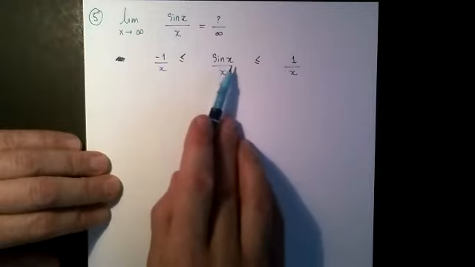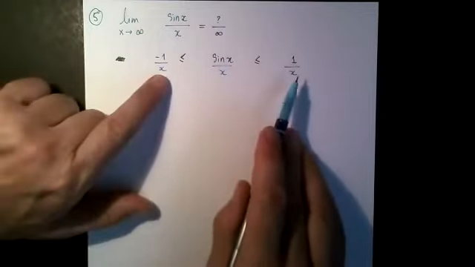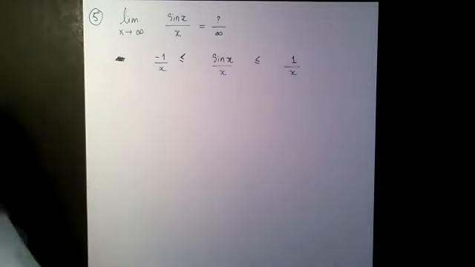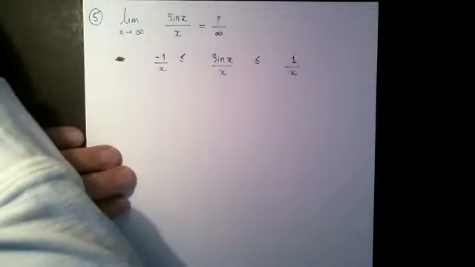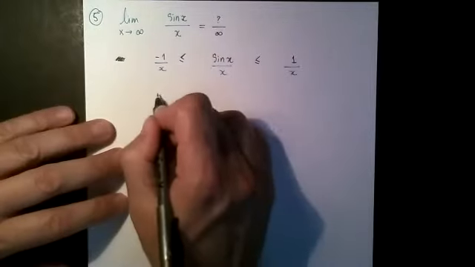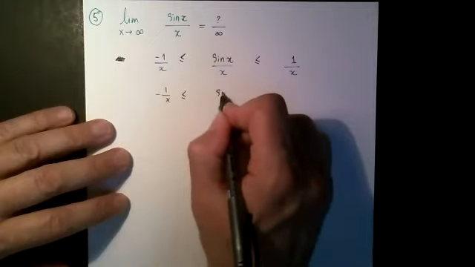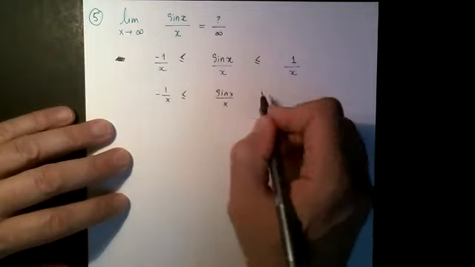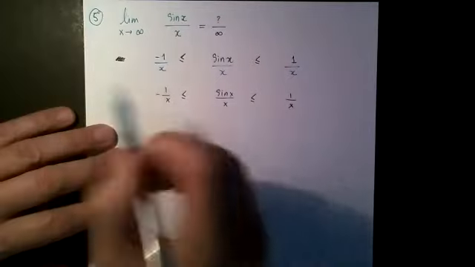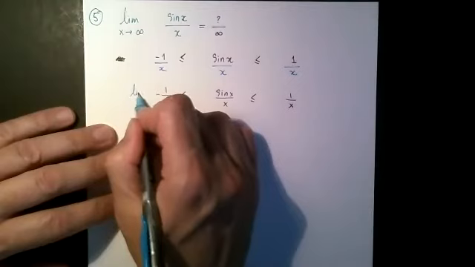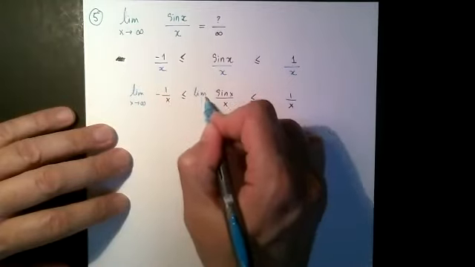So I just showed that sine x over x is definitely between -1 over x and 1 over x. So -1 over x is less than or equal to sine x over x, which is less than or equal to 1 over x. If I take the limit as x approaches infinity, this still holds.